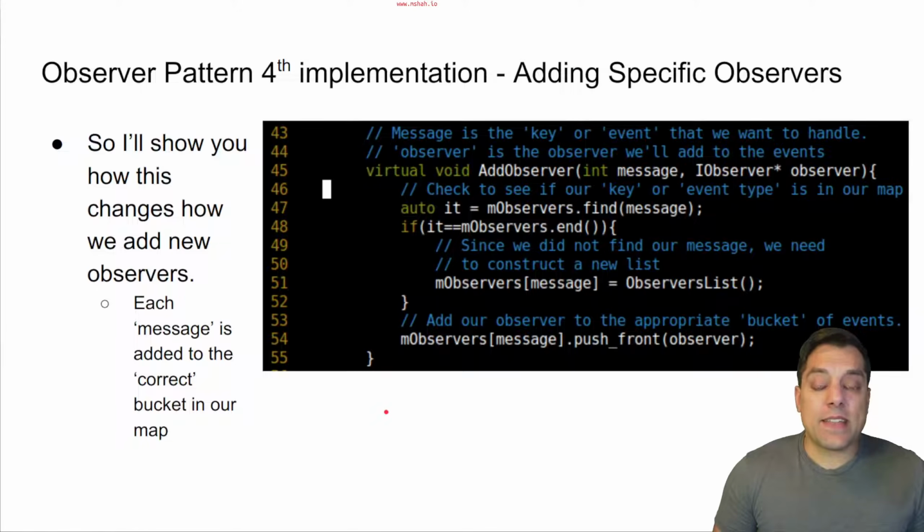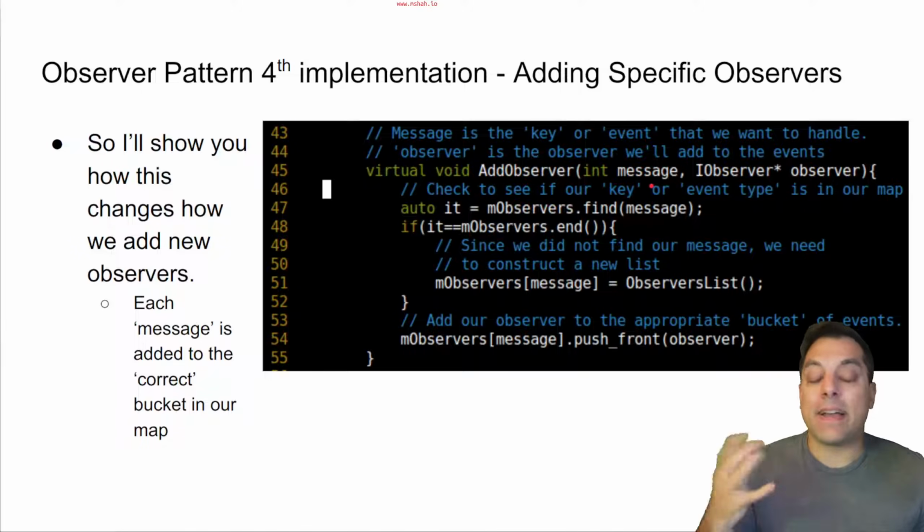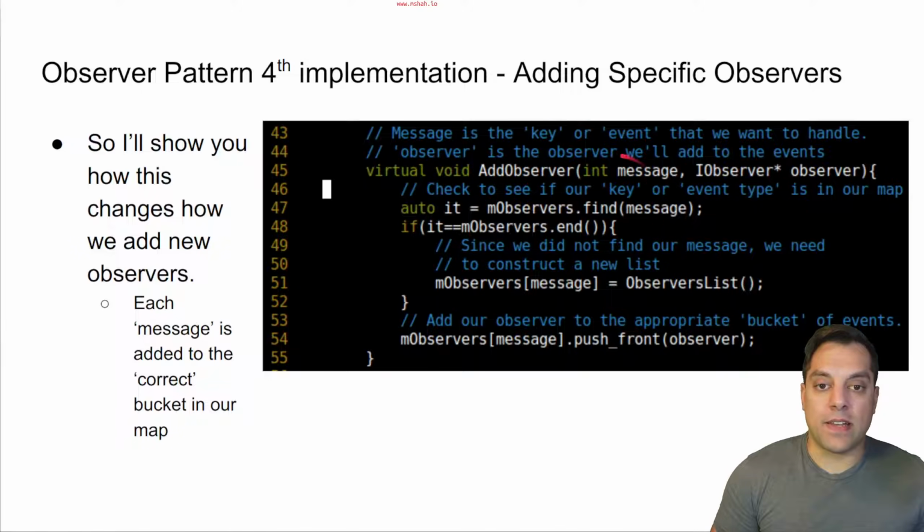All right, so with that said, here's what our AddObserver will be modified to, where we'll just have to add the message or the bucket that we want an observer to fall into. Again, int message here, just being an enum, could be something like a sound, a physics event, a log event, etc. So that's the idea.